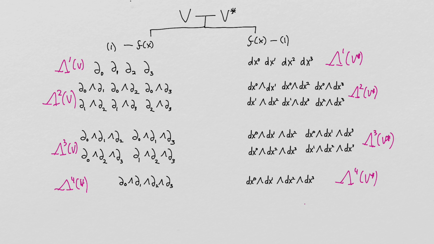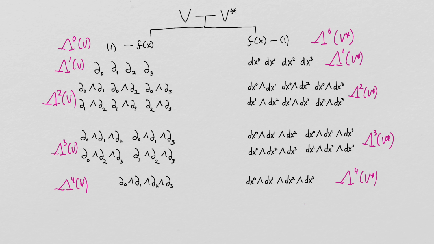And importantly, the basis vector, just the number 1, and all the functions on the manifold, that constitutes the 0th exterior power of the vector space and the 0th exterior power of the dual space.